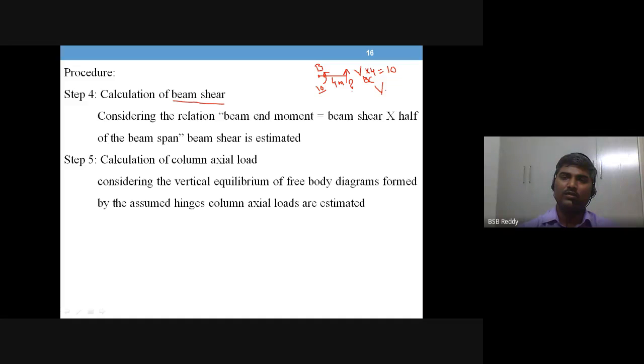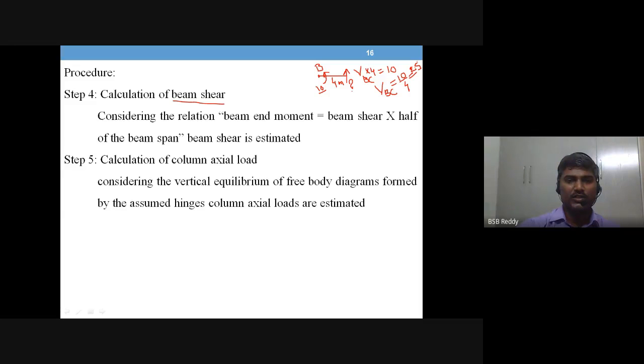So V_BC is equal to 10 by 4, so it is 2.5. Okay, so that's how we get beam shear, right? So this is the fourth quantity calculation.